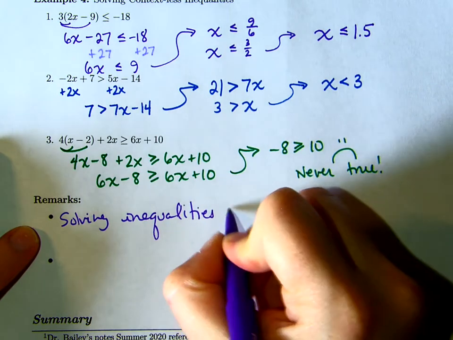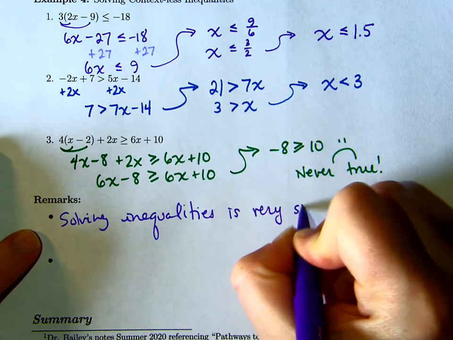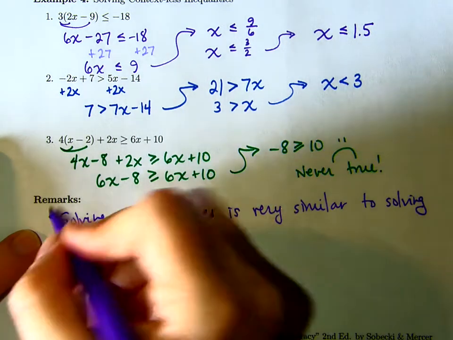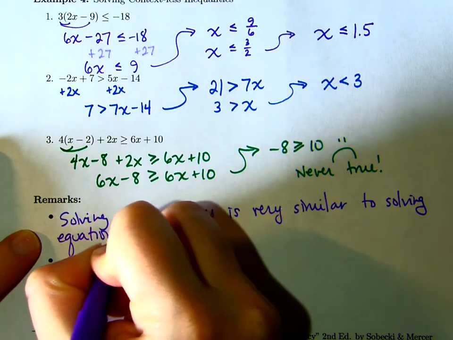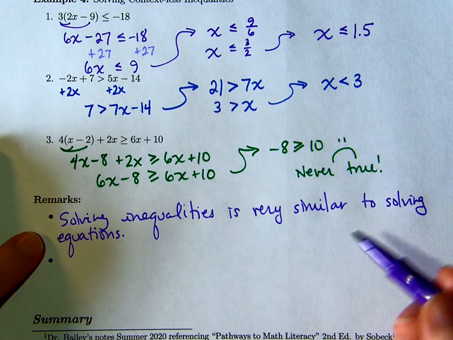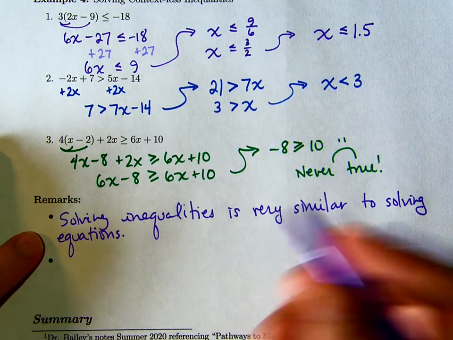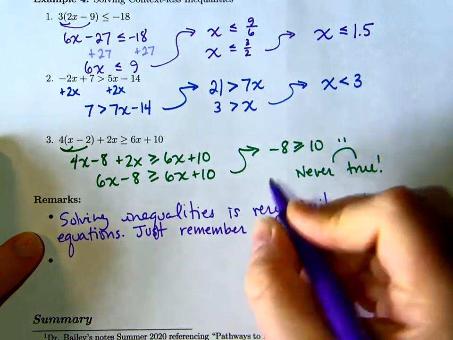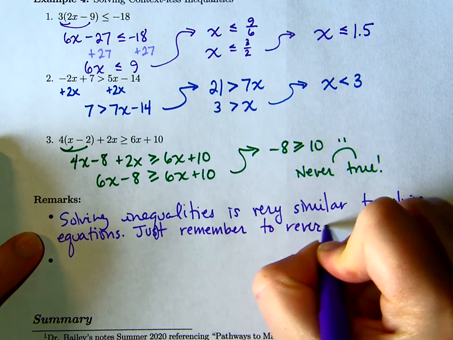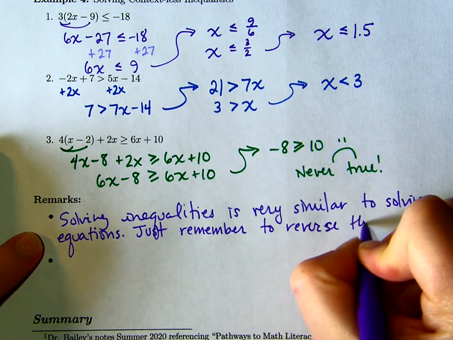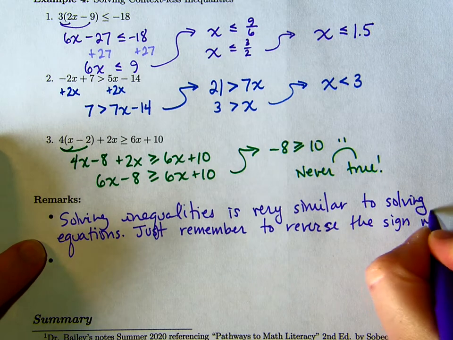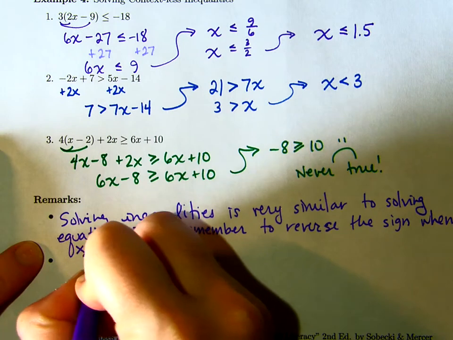We just have to remember to reverse the sign, or the inequality symbol, when multiplying or dividing by negative numbers.